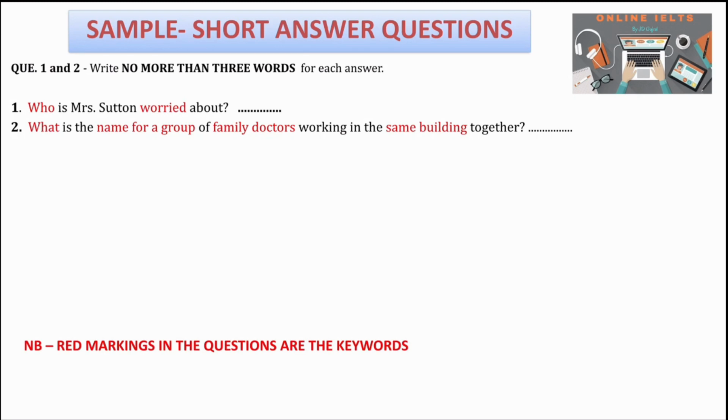If you live here, you've got to be on a doctor's list. If you're not, things can be a bit difficult. Nobody will come out to you if you're not registered. Anyway, they work in things called practices, sort of small groups of family doctors all working together in the same building.